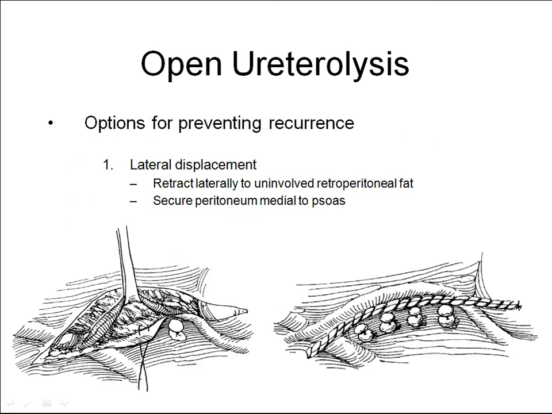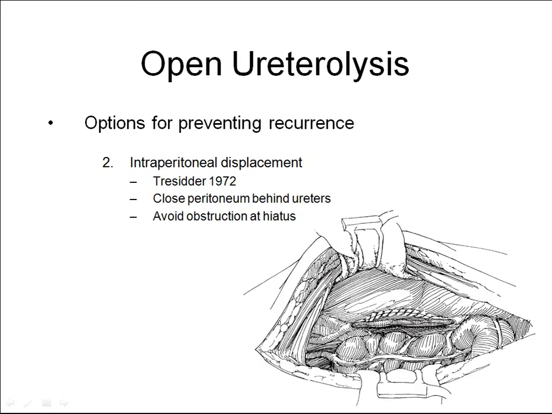So in order to prevent recurrence of RPF, there are several techniques which have been described, the first of which involved lateral displacement of the ureter into an uninvolved area of retroperitoneal fat with securing of the peritoneum medial to the psoas to sort of trap the ureter out laterally where the process is unlikely to recur. The second technique involves intraperitoneal displacement.